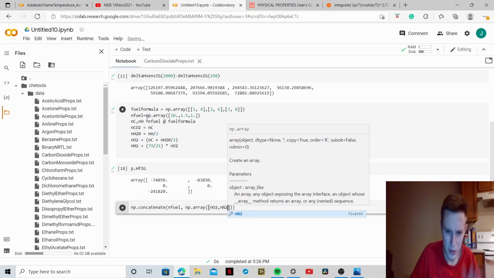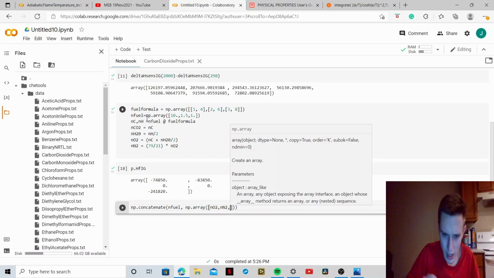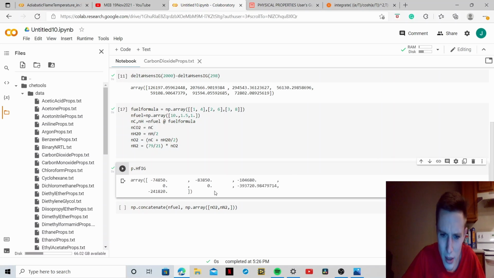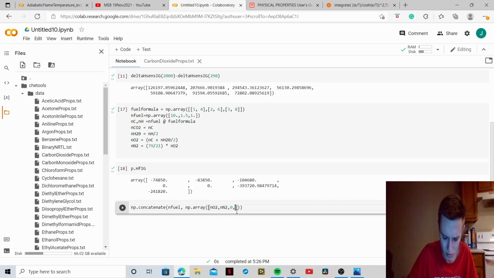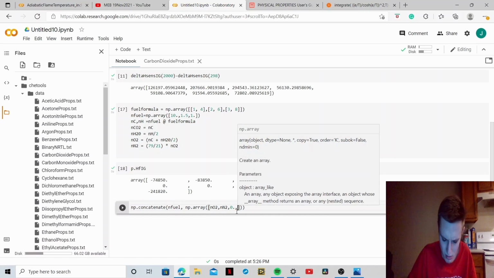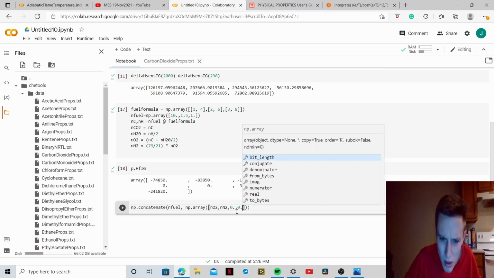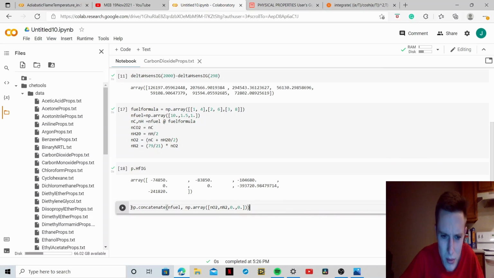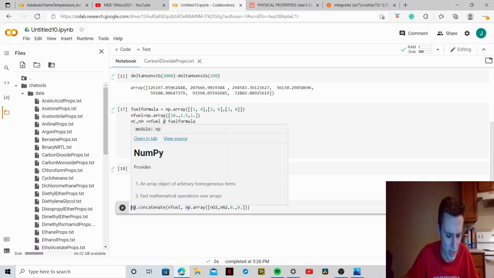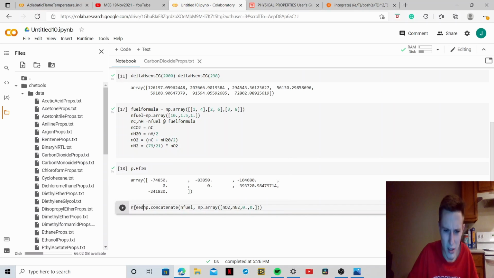And you'll notice here that the number of moles of carbon dioxide and water are actually 0, so we can plug in zeros for those. And this is our input, so our feed. So we can actually say in feed is equal to this.